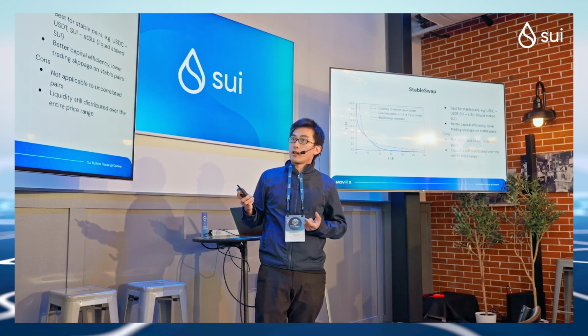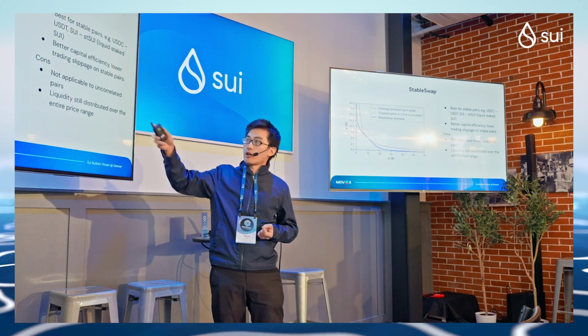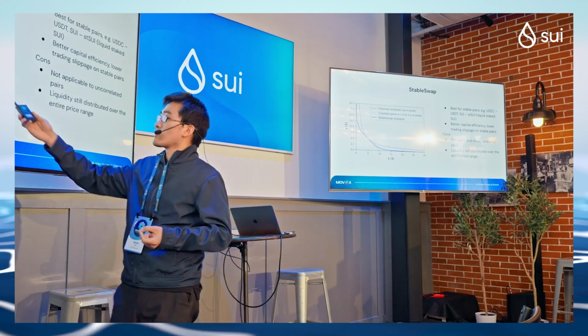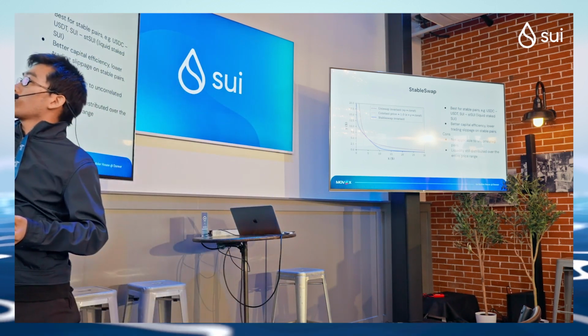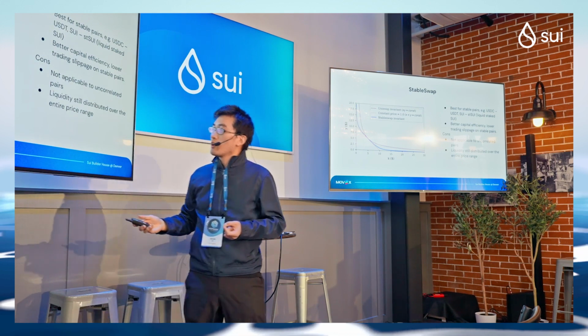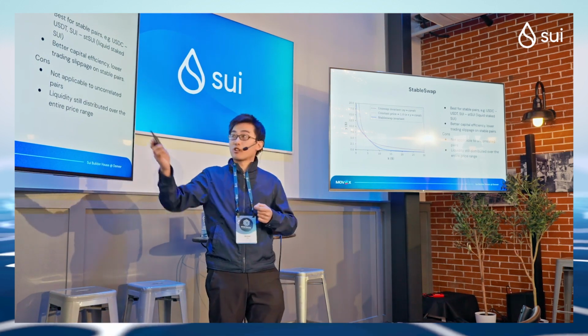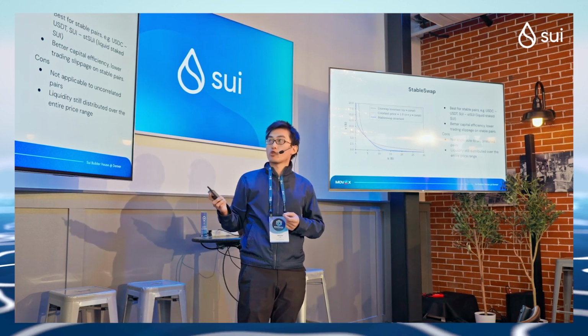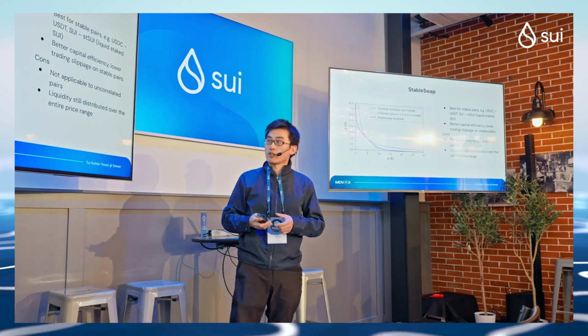What if we take a middle ground between the red curve and the purple curve, and we end up with this blue curve? This is the standard stable swap invariant. This curve does not intersect with the x-axis or the y-axis, so it's never going to drain the x token or y token.